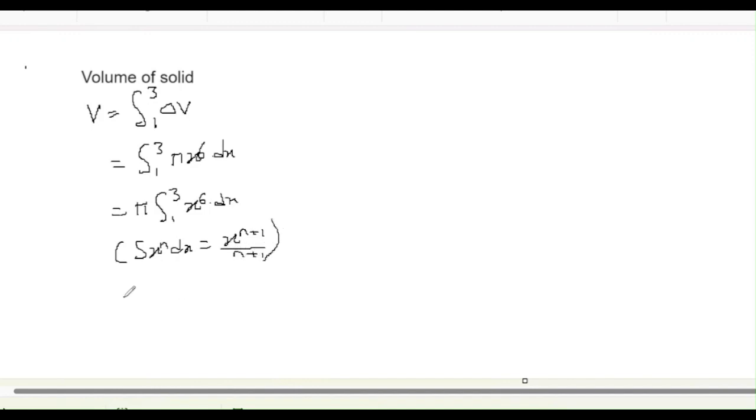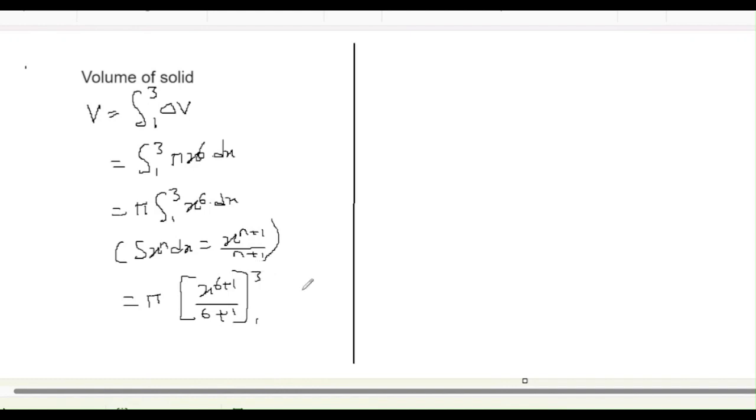So by using this power rule, finally we get the value of the integral as x to the power 6 plus 1, as n is 6 here, divided by 6 plus 1, and the limit is from 1 to 3.